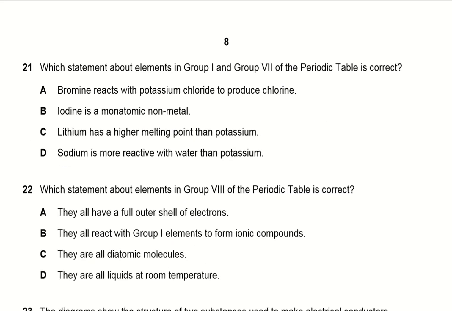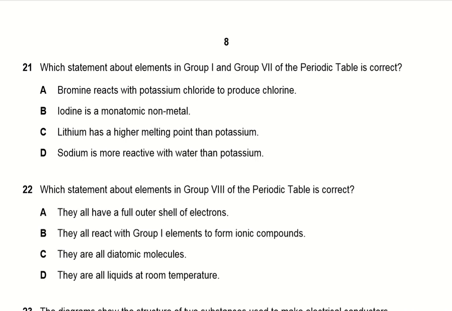Correct answer is D. Now, which statement about elements in group 1 and group 7 of the periodic table is correct? Bromine reacts with potassium chloride to produce chlorine.